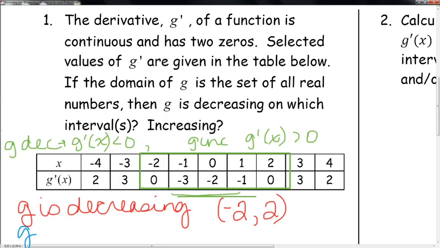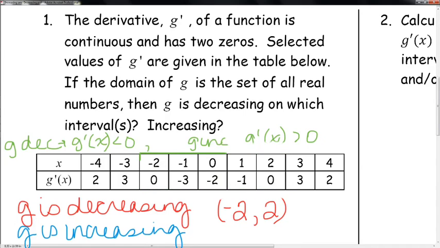G is increasing where my function is positive. Notice my function is positive at this value and at these values. Again, you have to include where your x-intercepts are.